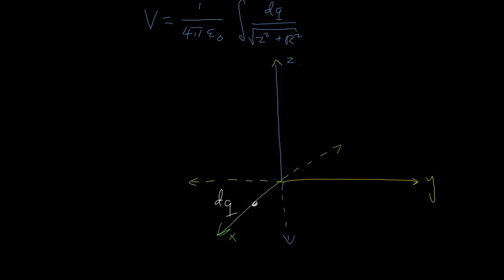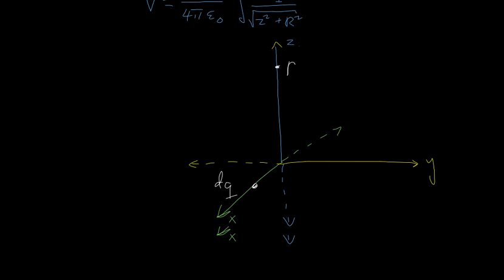My dq is there, right on the x-axis, based on the way our equation is. And my point P will be on the z-axis. Here's my point P. My point P is always a distance, let's say d, away from my infinitesimal charge dq. Our ring has to be centered at the origin.